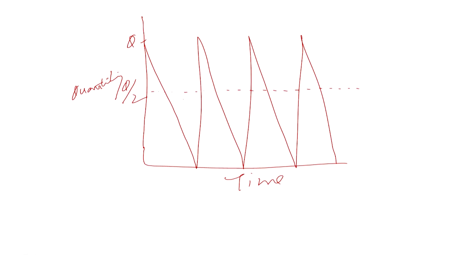And when we talk about a third point, that third point is somewhere here, and it is called the reordering level. As inventory reaches this point, we reorder it.